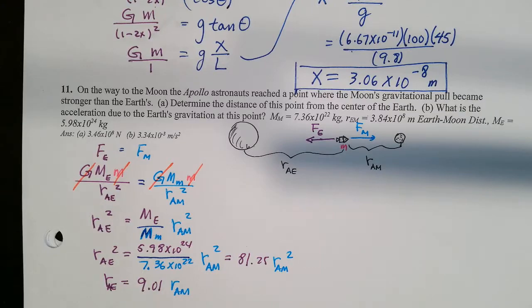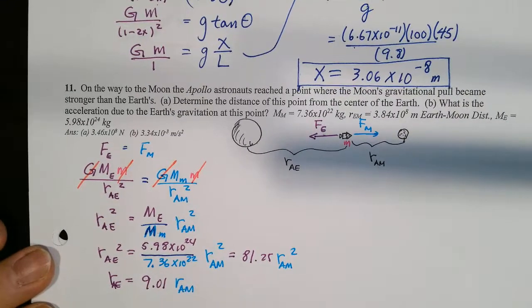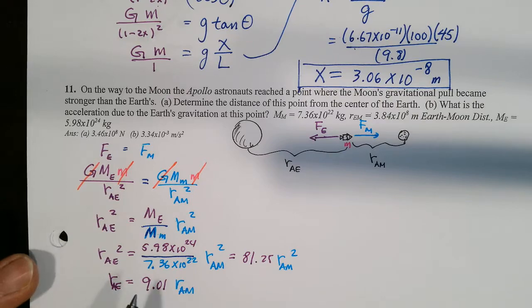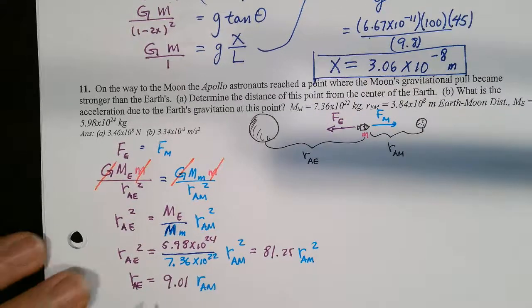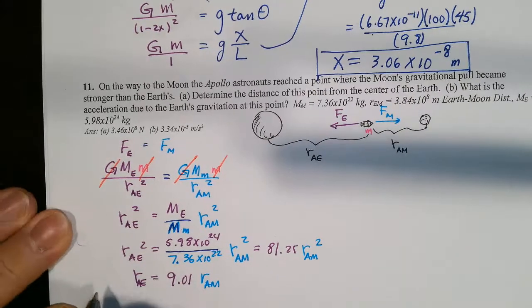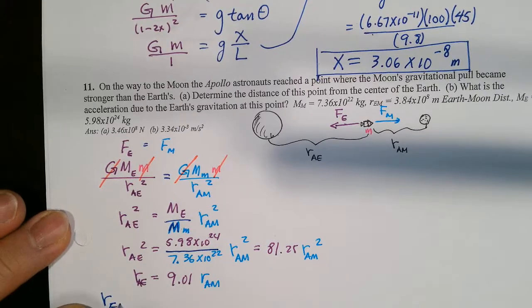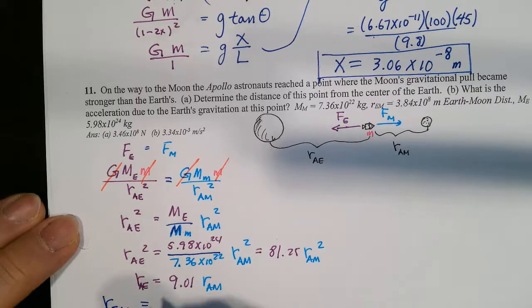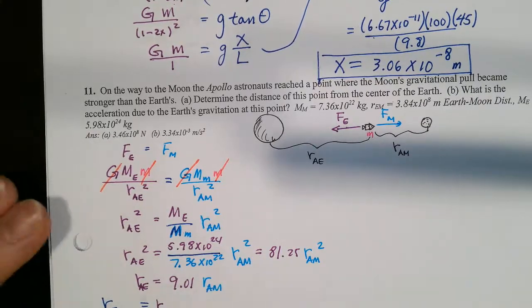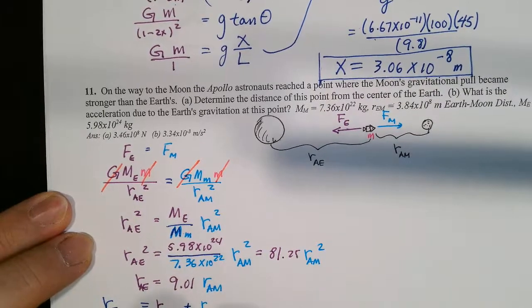Since you know that, the distance from Earth to Moon must equal RAE plus RAM.